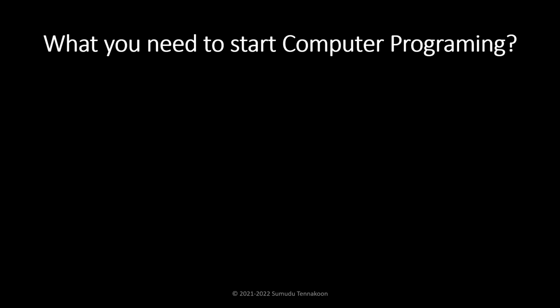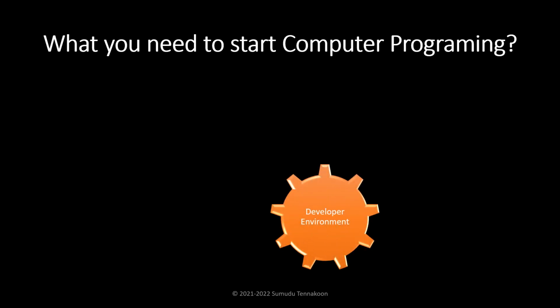Now you know why you need computer programming, why you need to learn it, and what the benefits of learning computer programming are. Let's see what you actually need to start learning computer programming. First of all, you need a developer environment. This doesn't need to be a very high-end computing environment. You just need a computer, a code editor, and a programming language.